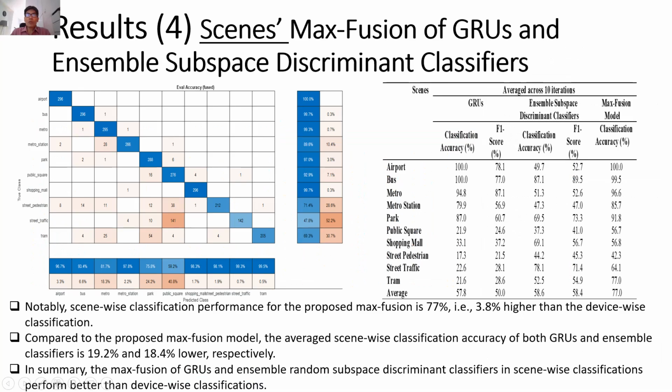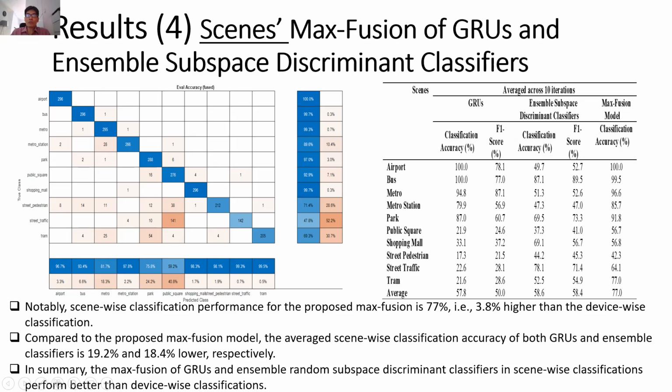For result 4, we look at the scenes, not just the device. We use max fusion of GRU and the ensemble subspace discriminant classifier. As you can see, the right-hand side is the result of the fusion between the GRU and the ensemble subspace discriminant classifier, and here we get a higher 77%, which is higher than the individual ones by themselves.